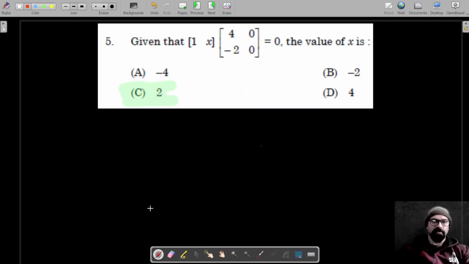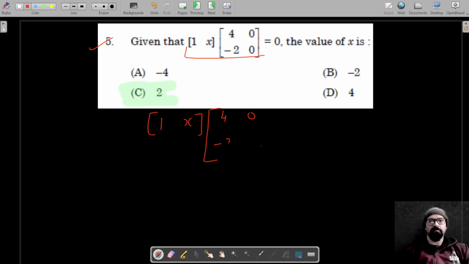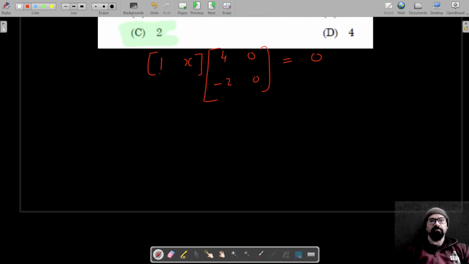For question number 5, find the value of x for which the given product of these matrices is equal to 0. So this is 1 x, and the other matrix is 4 0, negative 2 0, which is equal to the null matrix. First row with first column: 1 into 4 is 4, x into negative 2 is negative 2x, and with the second column it's 1 into 0 is 0, and x into 0 is 0.